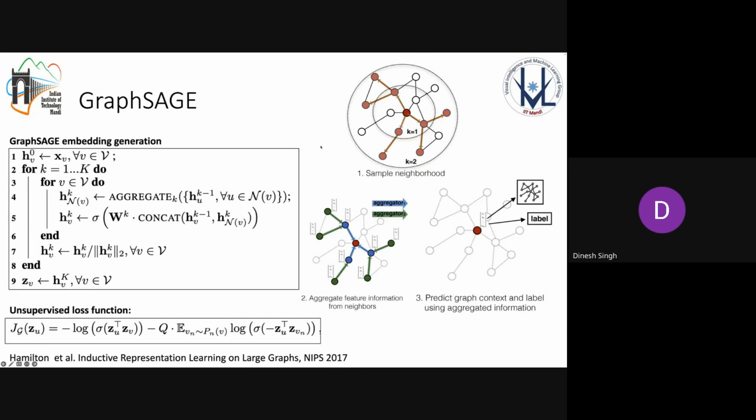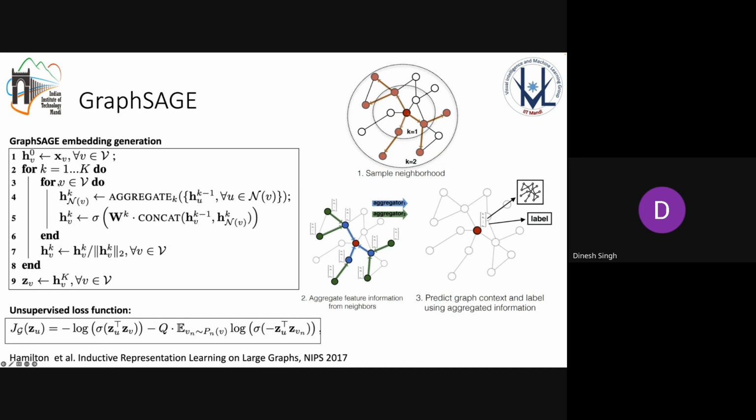Okay, so now let's come to our graph algorithms. We have a graph, we have nodes, so we can start. Let's say initially we have x_v, the feature vector of node v, which was originally given on the nodes, for all nodes v in our node set capital V. Now we start k equal to 1 to K. This is simply our iteration, so don't confuse this k with the earlier one. That one was the hop; here you can think of it like epochs.